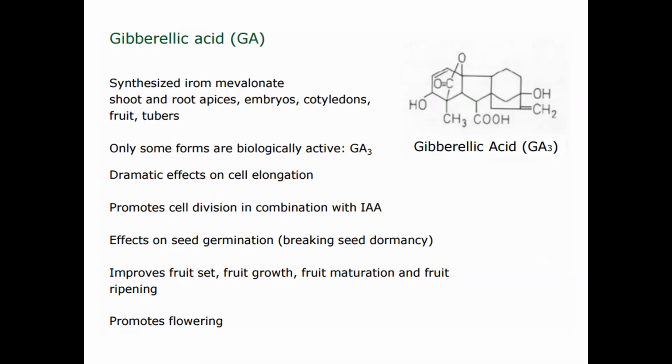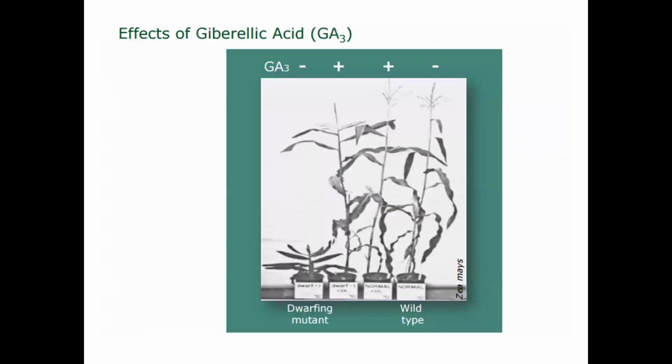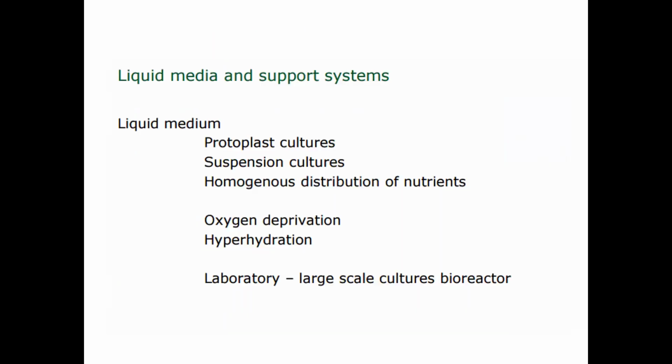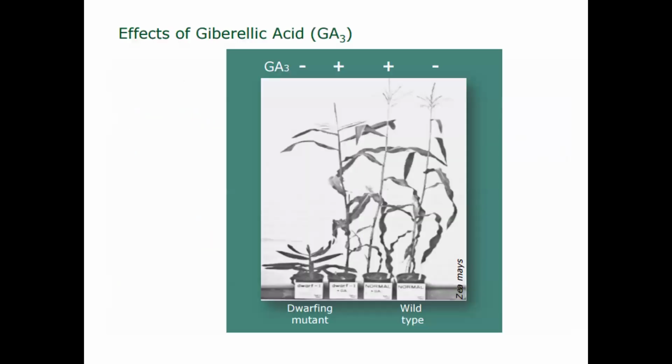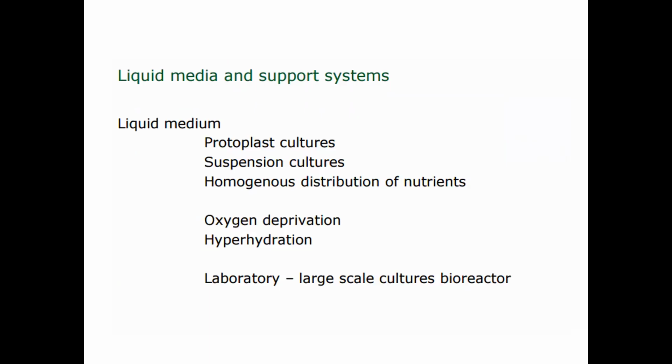For example, the grape vine industry uses it, and even cucumber and many others. So gibberellic acid can help the elongation of the cell. Here, as an example, you see no gibberellic acid gives dwarfing, but higher gibberellic acid gives an elongated plant.